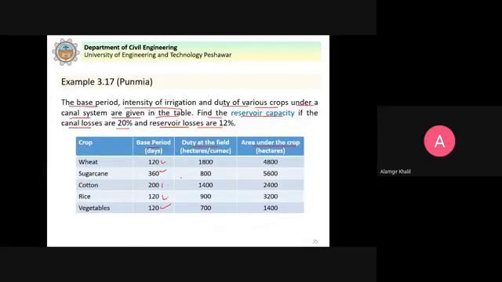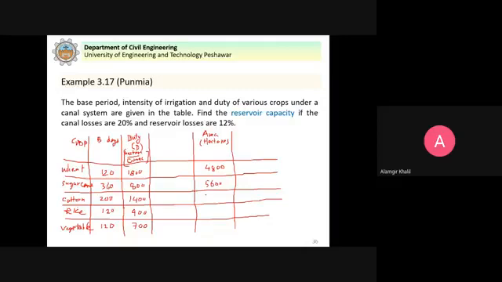Then we have 2400. Then we have 3200. And we have 1400.